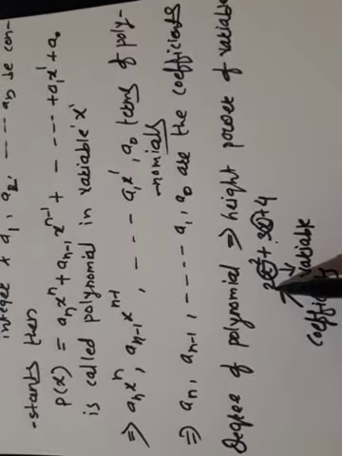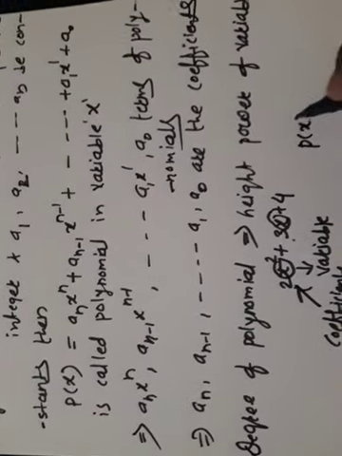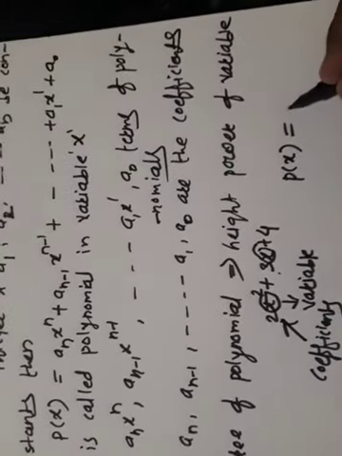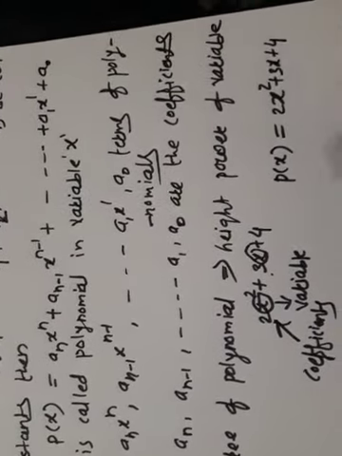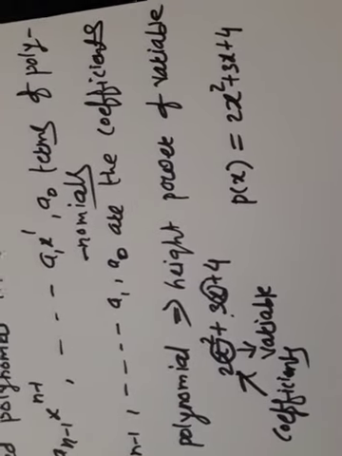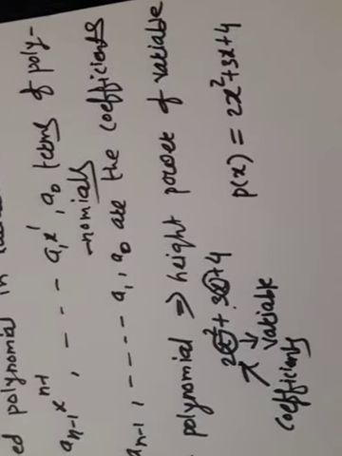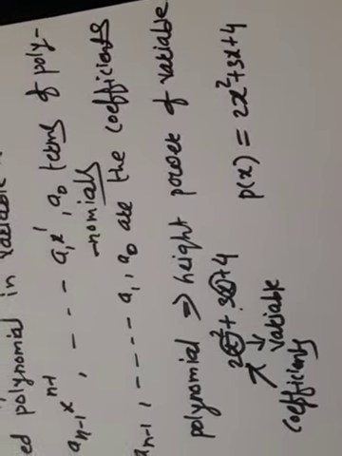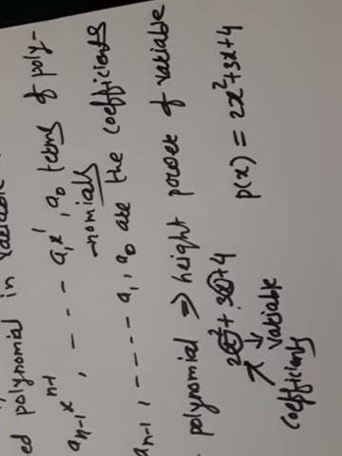This is the variable and this is the coefficient. In other terms we can write p of x is equal to 2x square plus 3x plus 4. This is how a polynomial is written: p of x, that is polynomial in x, is equal to 2x square plus 3x plus 4. If the variable is y, we write y here, and if it is z, we write z here.